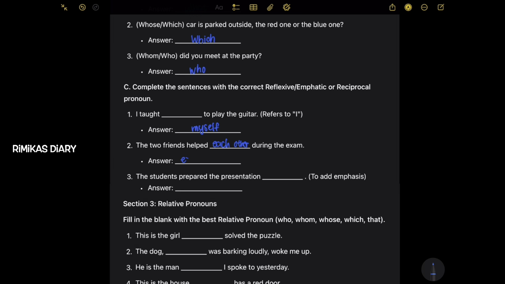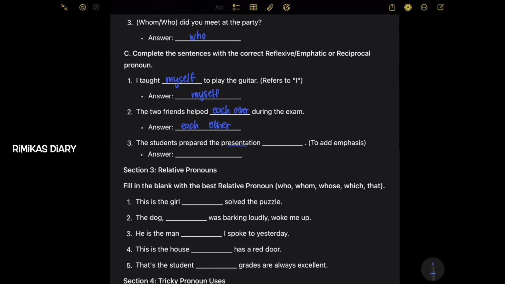So the answer is each other. Here the answer is myself. Next, the students prepared the presentation dash, to add emphasis. So the answer is themselves.